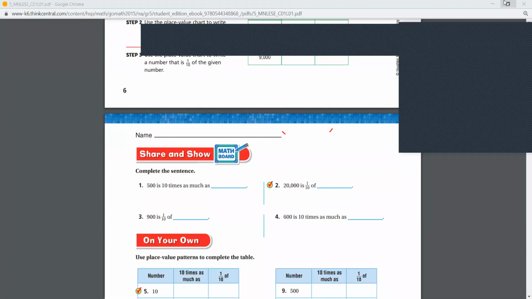Now, share and show. Number 1: 500 is 10 times as much as, what is your answer? See the question, be very careful. 500 is 10 times of what number?